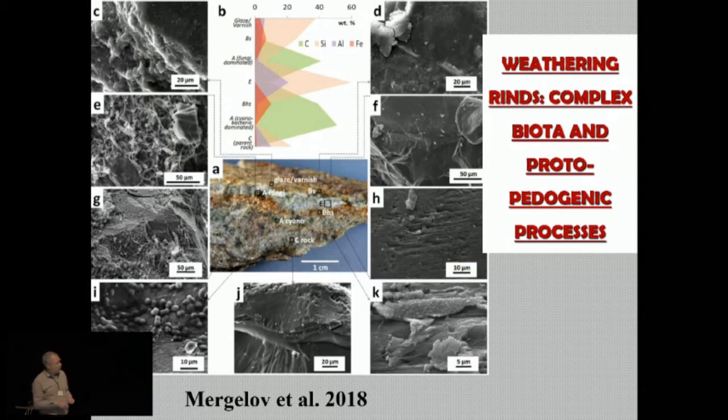For example, this study by Nikita Mergelov and co-authors on Antarctic endolytic soils, weathering rings, which show a very complex population of microorganisms, and also a complex set of processes which we could consider pedogenic: not only transformation, etching, dissolution of primary minerals, but even a small eluvial profile with something like a bleached horizon and a horizon of accumulation of iron oxides, all in the solid material.